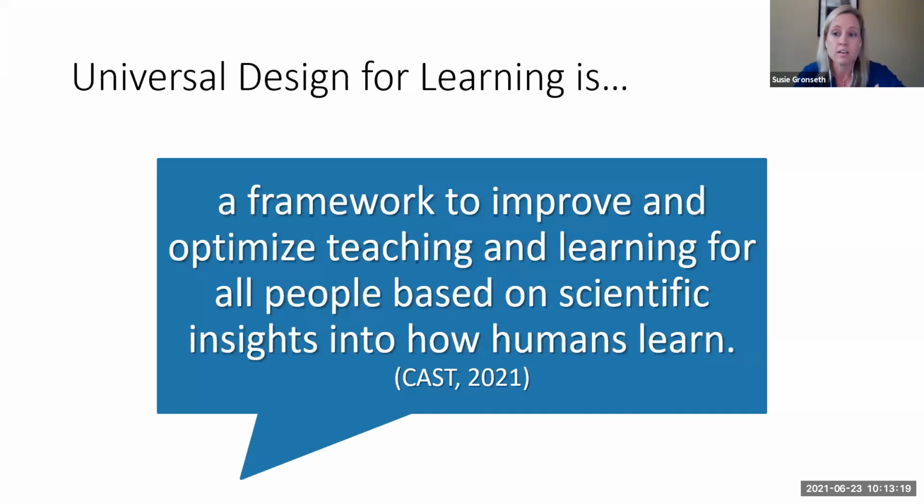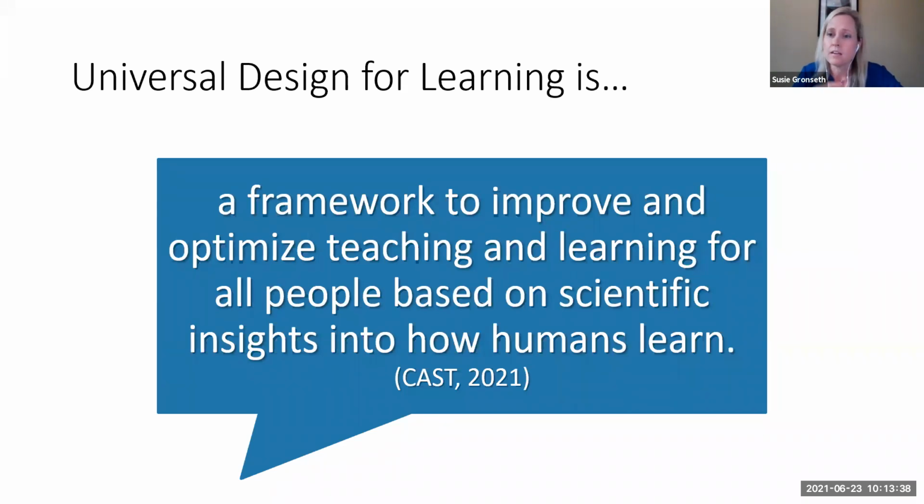They started this work, David Rose and colleagues, in the 90s. Their definition is that it's a framework to improve and optimize teaching and learning for all people based on scientific insights into how humans learn.